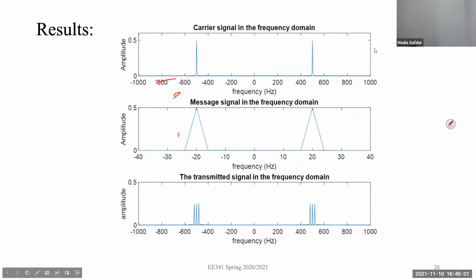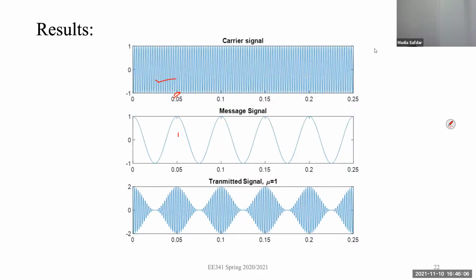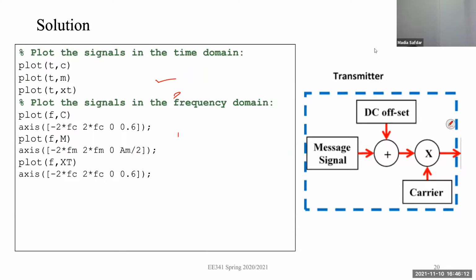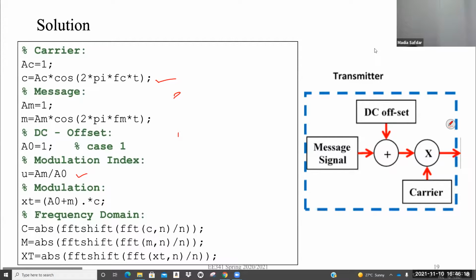You just change the value of mu. You will write one code all until here, and then change this, because mu is equal to Am divided by A naught. In this case, my Am is 1 and A naught is 1, so the modulation index is 1.